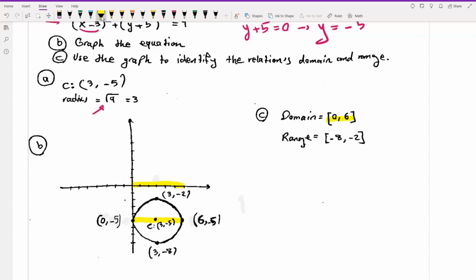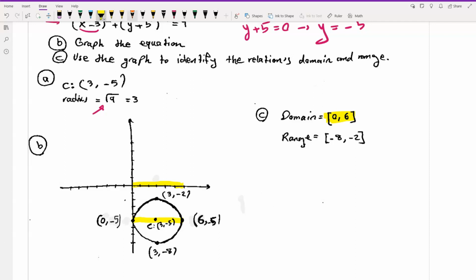So that means we have bracket 0, comma, positive 6, close bracket. Because these are closed circles, not open circles. If we had open circles, we're going to have parentheses, but here we have closed circles, so it's bracket.